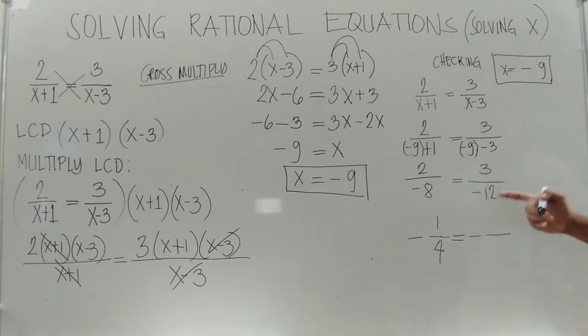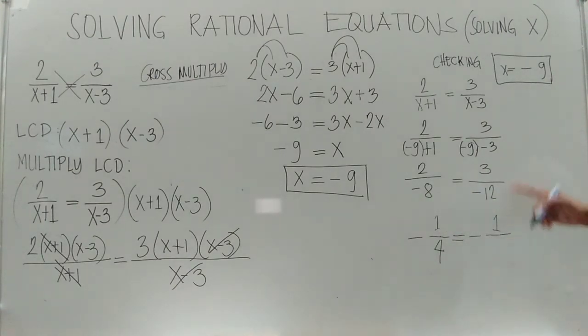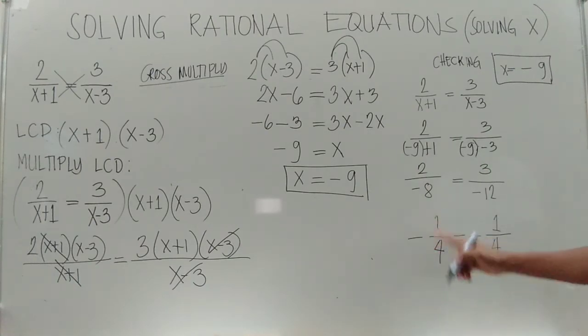So positive divided by negative is negative. Then the common factor between 3 and 12 is 3. So 3 divided by 3 is 1. Okay? Then 12 divided by 3, of course, we have 4. So negative 1/4 equals negative 1/4.